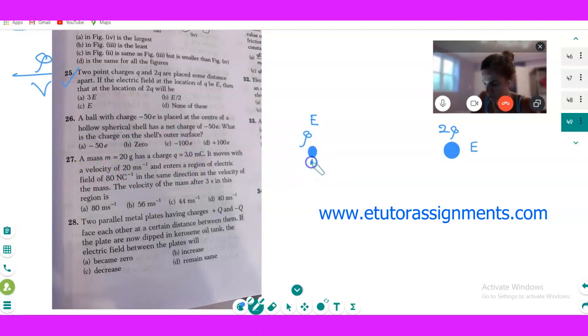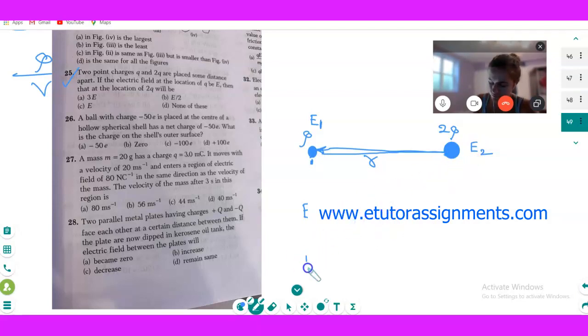No, at this point the electric field will become, for this charge, due to this charge, let us say the distance is r, so let us say E1 and E2. First you tell me, E1 is equal to how much? E1 is E, and this formula should be how much? K, please tell me, K, Q, not Q, we want 2Q here, so 2Q we will take now due to this charge. K 2Q divided by R. This is equal to E.